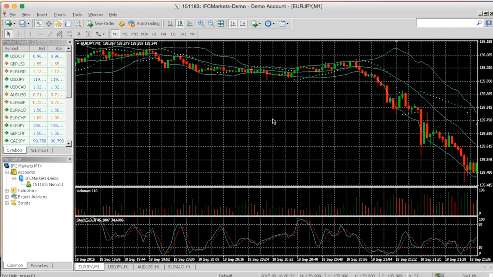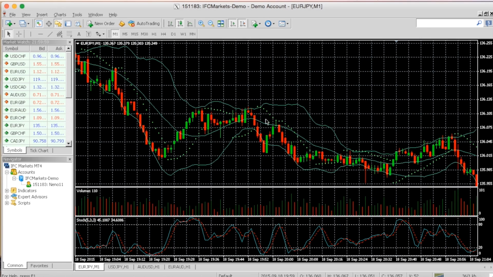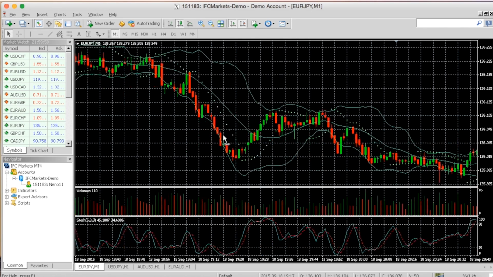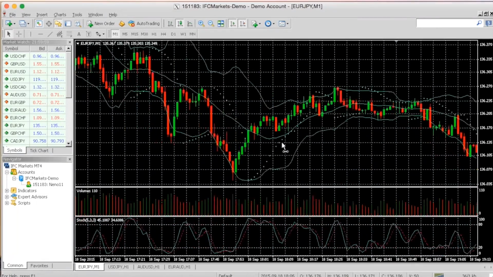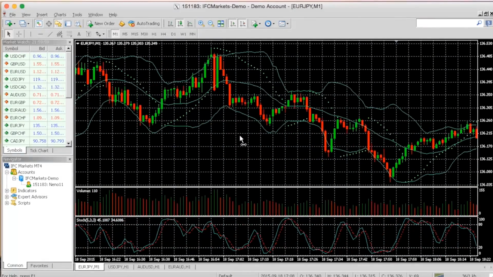Now, doji candlesticks. Doji candlesticks are really good as well to predict reversals. Well, let me show it to you right now. Let's find some good examples for you here.